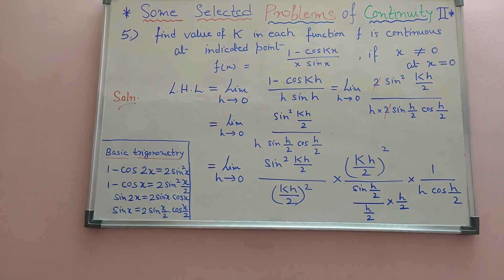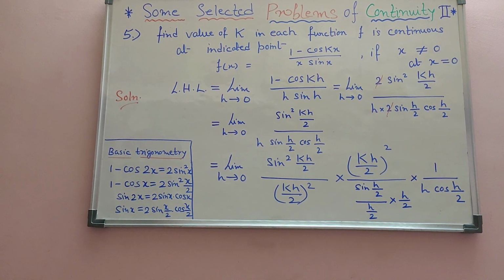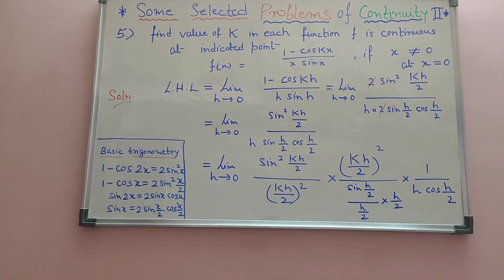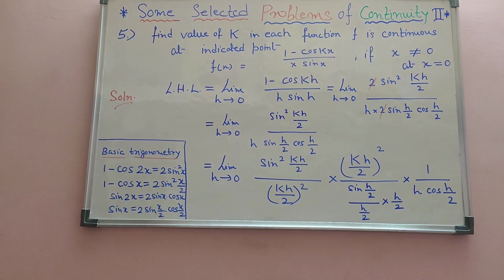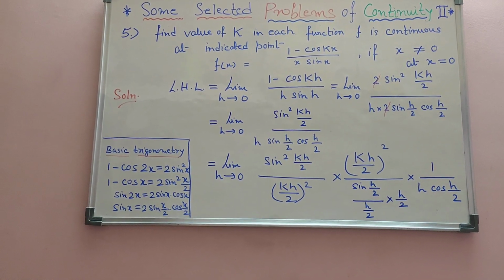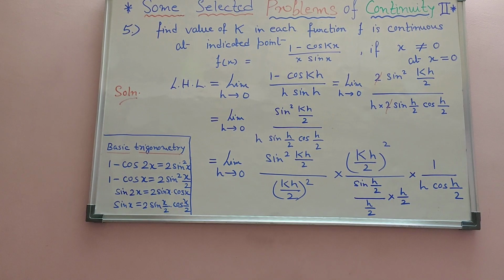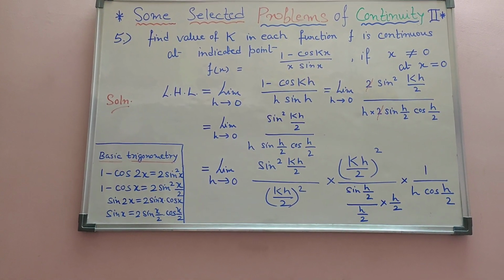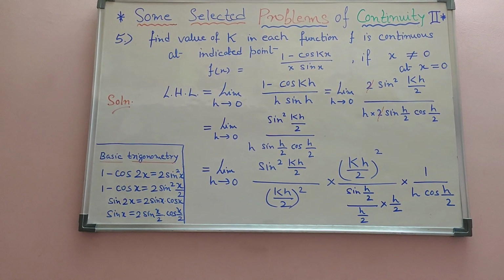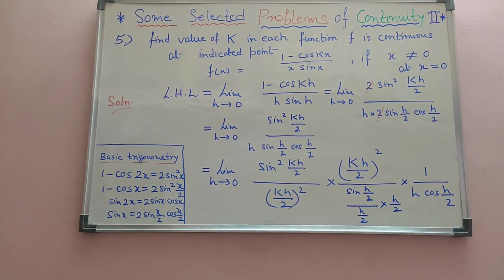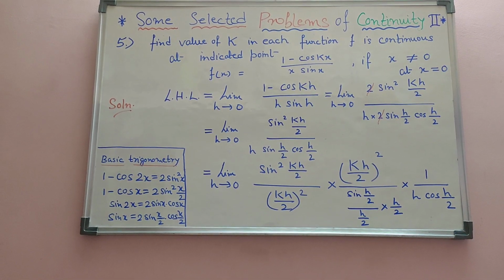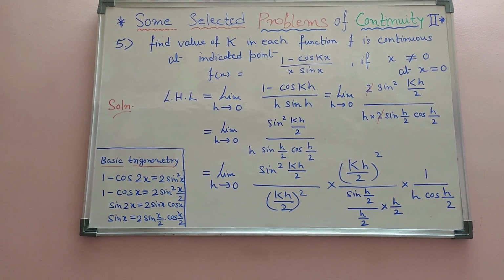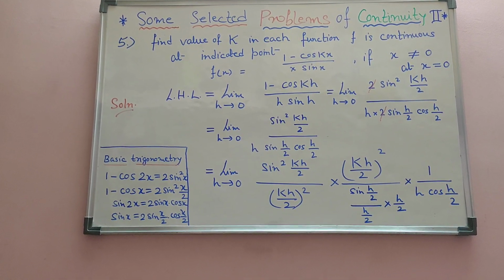In the denominator, I take h into cos h by 2 separately, so it becomes 1 by h cos h by 2, and for this sin h by 2 I use the same concept, limit theta tends to 0 of sin theta by theta equals 1. So for sin of h by 2, I divide by h by 2 and multiply by h by 2.